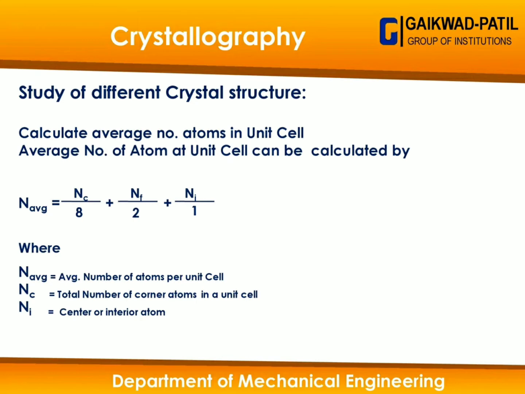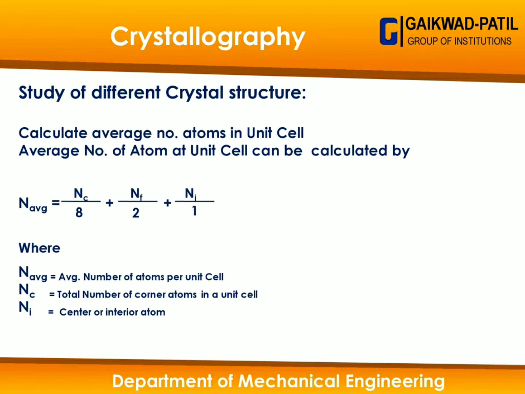If we consider the atoms at the face of a cubical crystal structure, a face atom is shared by 2 unit cells, right? And a corner atom is shared by 8 unit cells, right? Now NI divided by 1, because an interior atom belongs to the unit cell itself. So this formula evolved to calculate the average number of atoms.